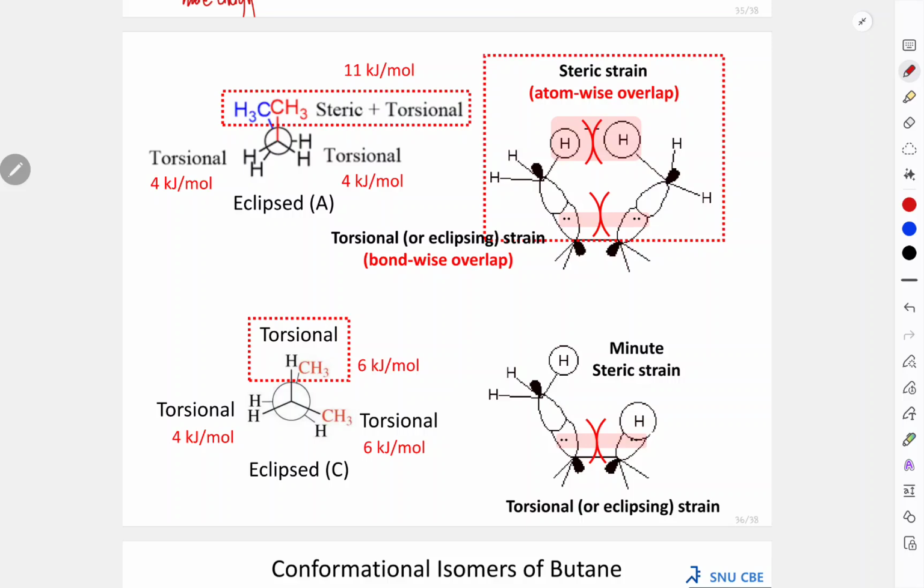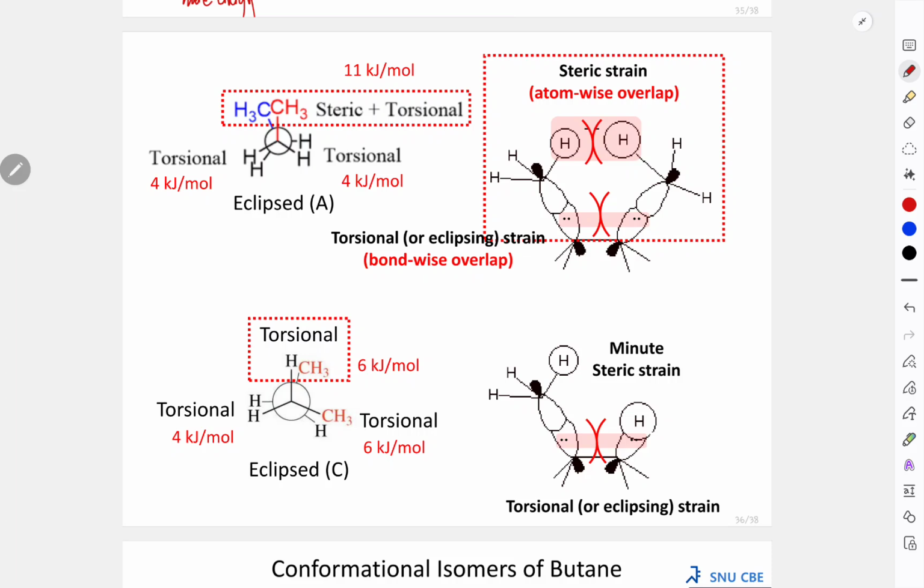And you also have one more destabilization factor: the atom-wise overlap between these 2 hydrogens. They are sitting too close, giving rise to steric strain. So the combination of these 2 gives you 11 kilojoule per mole destabilization.